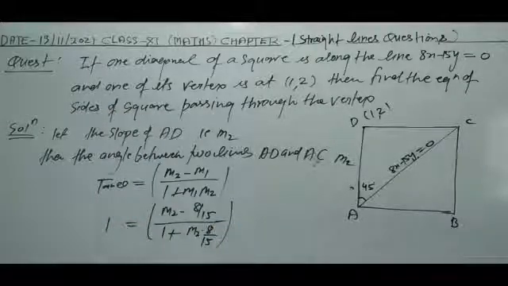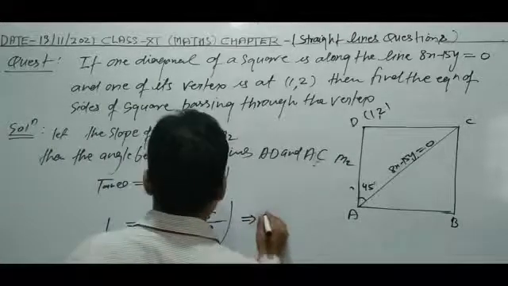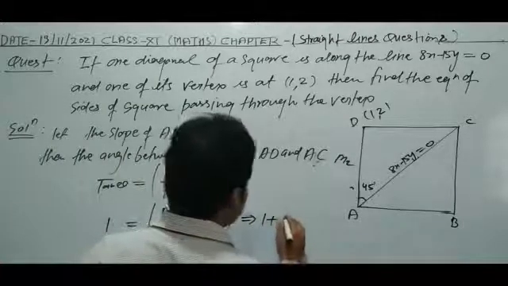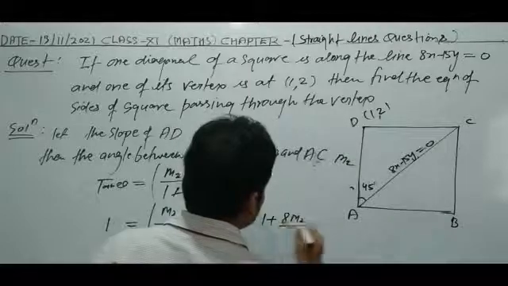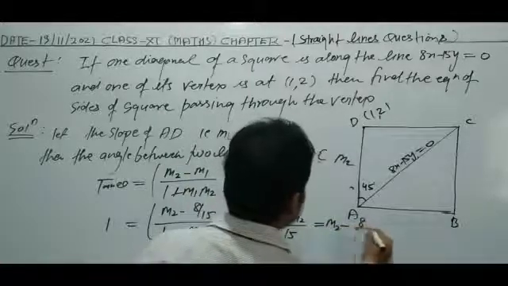Now find m2. What will be the value of m2? Its result will be 1 plus 8 m2 by 15 is equal to m2 minus 8 by 15.